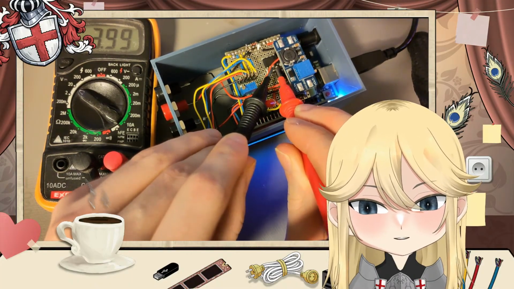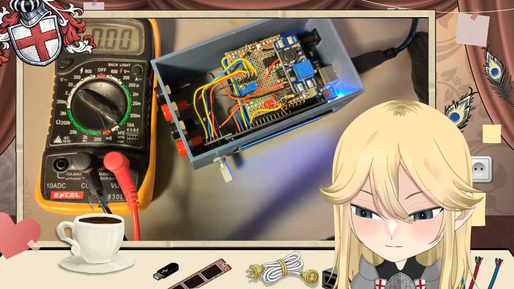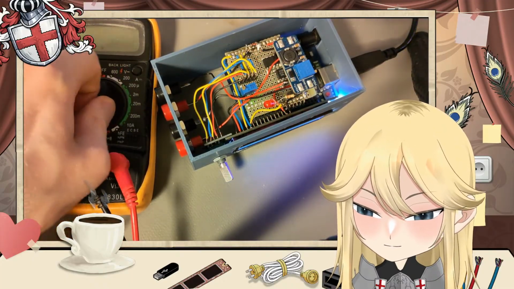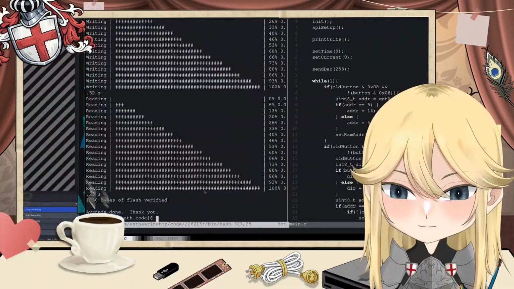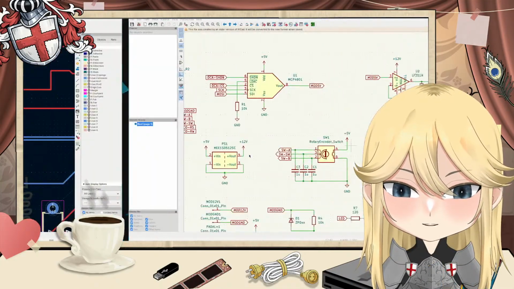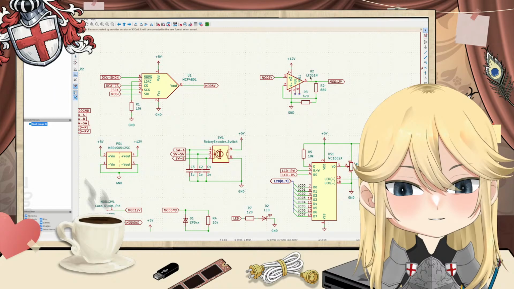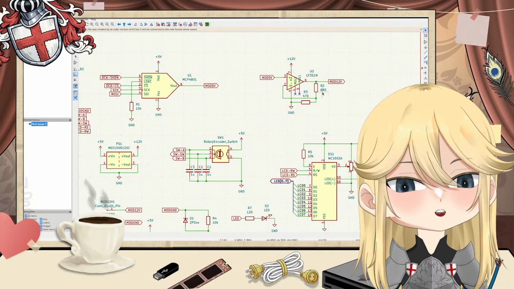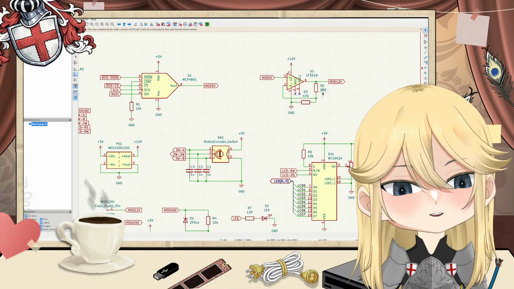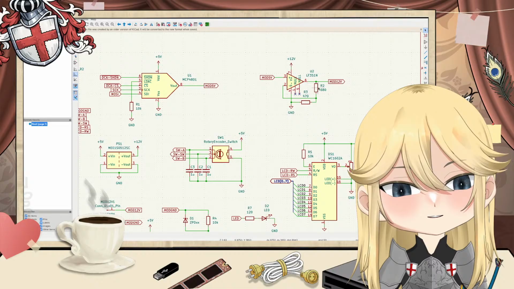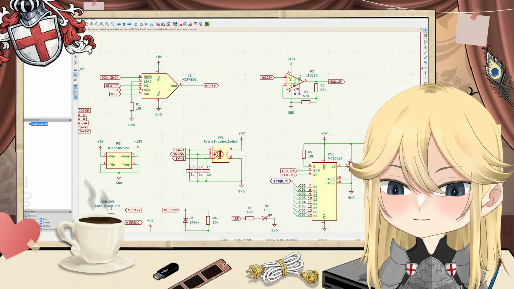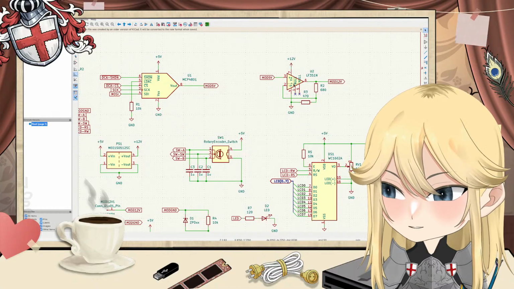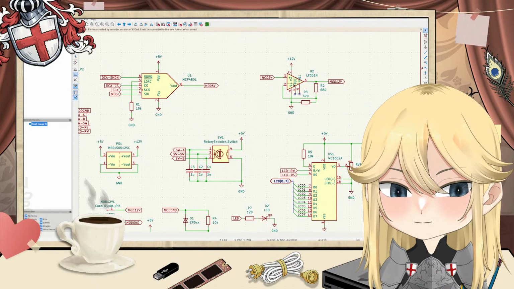Yeah, 4 volts. I don't think we can get this any higher, but we can, hello, there we go, change our voltage divider here. We calculate this with 4 volts instead of 5.